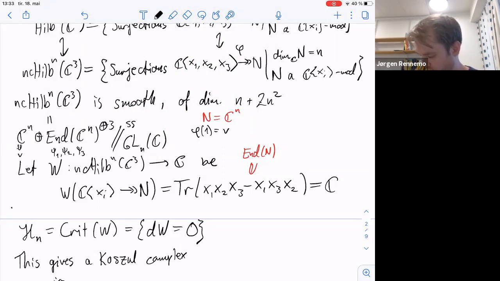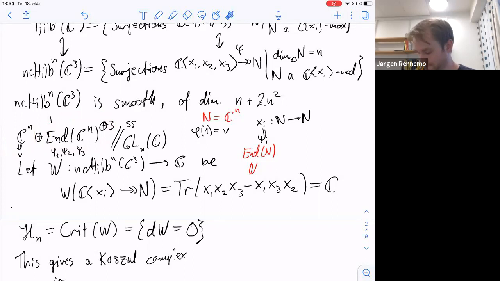That's the other piece of data. These remaining three encode the module structure of n, so the multiplication by xi should be given by specifying that. This data specifies the module structure on n, and this specifies the map.